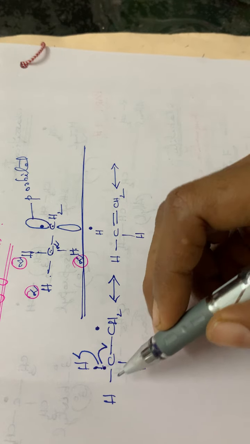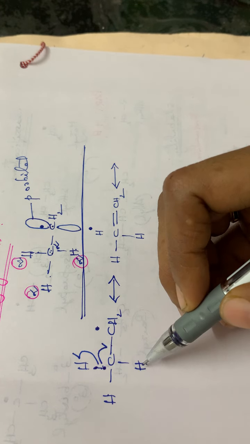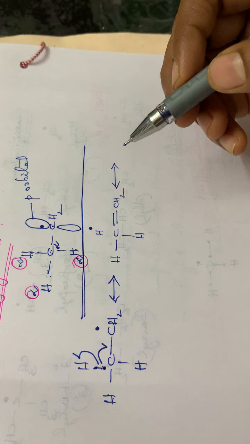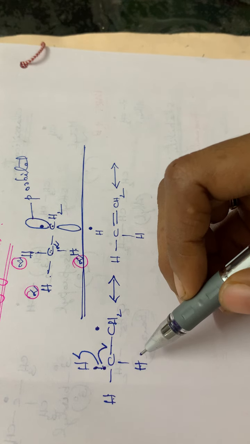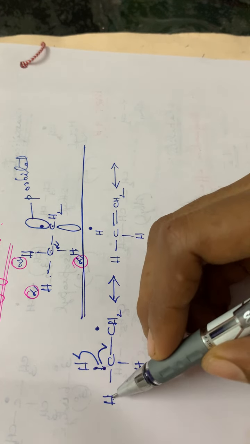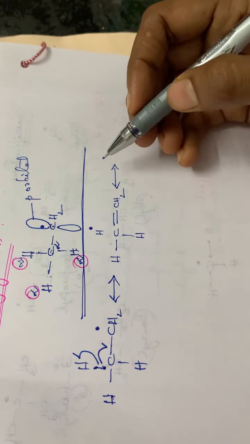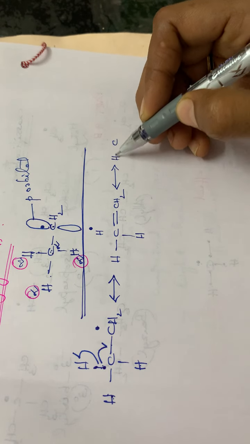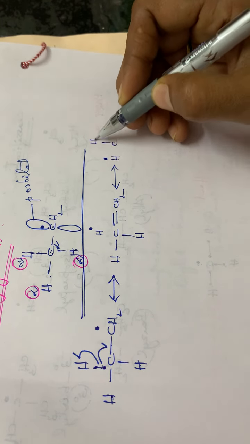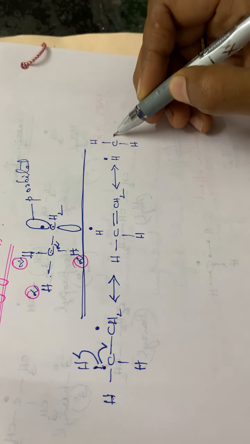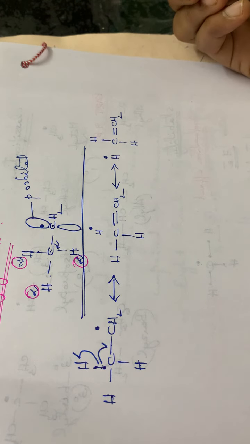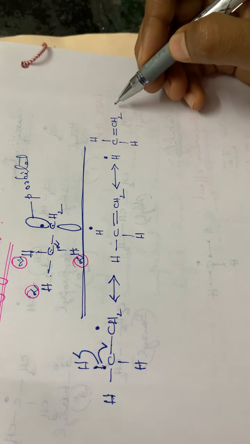Similarly, we can write hyperconjugative structures with respect to the other 2 hydrogen atoms also. The second one I am writing for this hydrogen atom: CH2 double bond, and H dot with no bond. This is the next hyperconjugative structure.